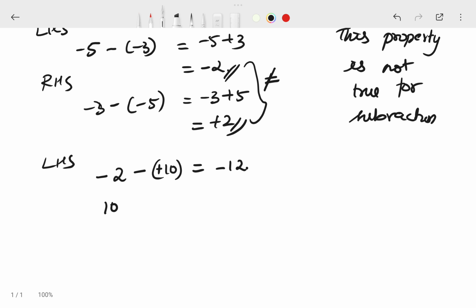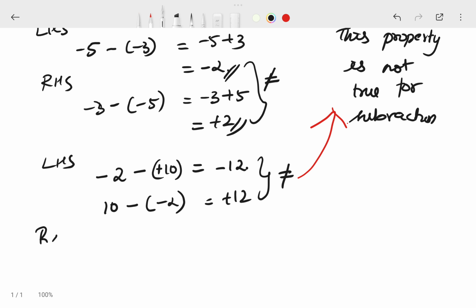Then again -10 minus -2, which is -8. Since these both are not equal, this means this property is not true for subtraction. So we can write the result as: subtraction is not commutative for integers.